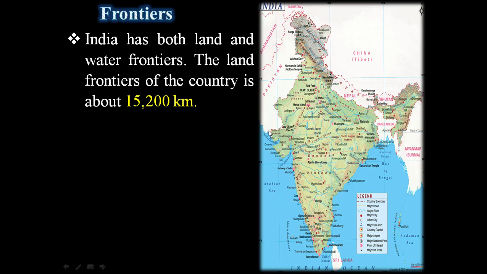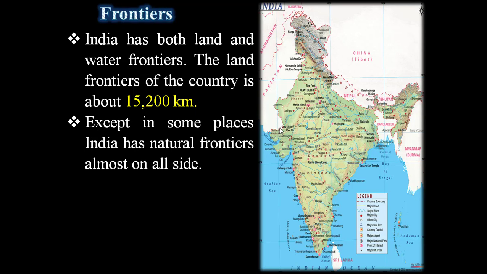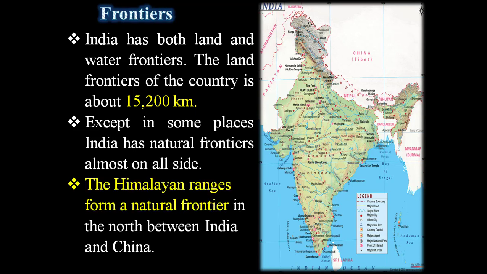What you are seeing in white color is from Gujarat up to West Bengal. This part of the area covers 15,200 kilometers. Except in some places, India has almost natural frontiers on all sides.